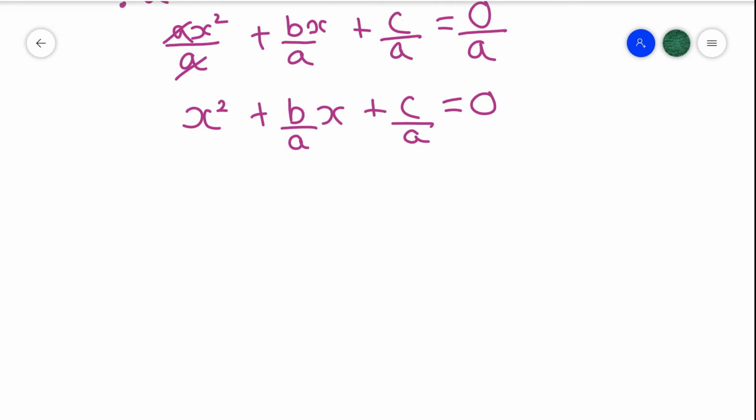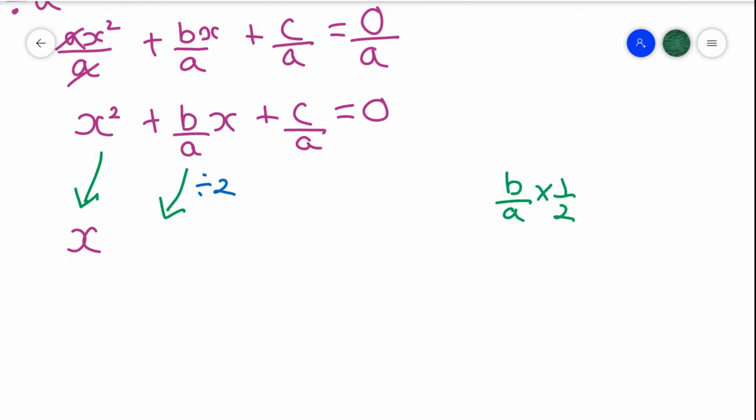Now we will proceed with the second step, that involves taking x from the first term and taking half of the second term, b over a. When you take half, that is b over a multiplied by half, we will be getting b over 2a.